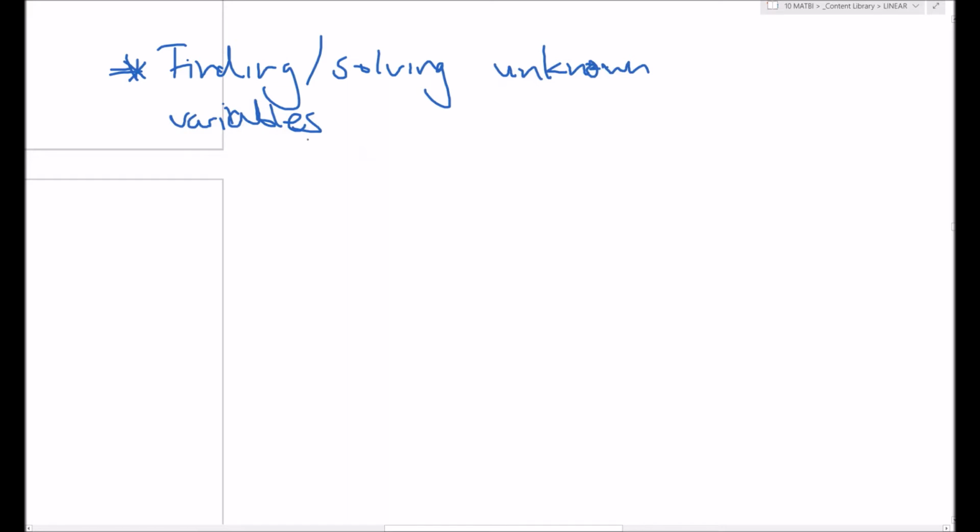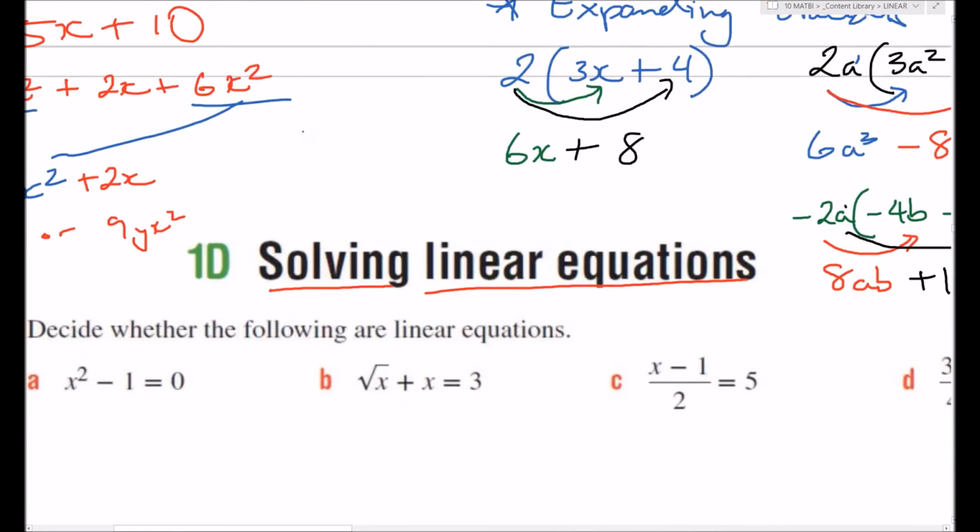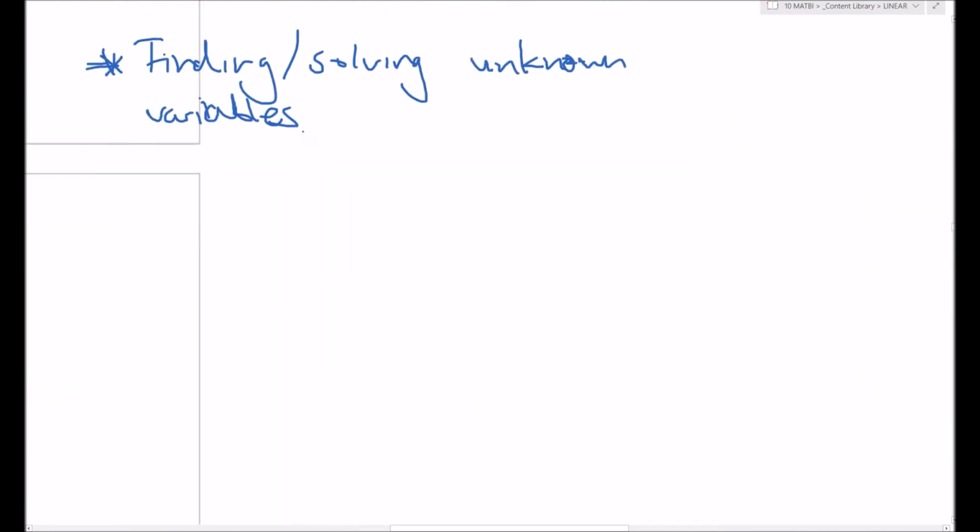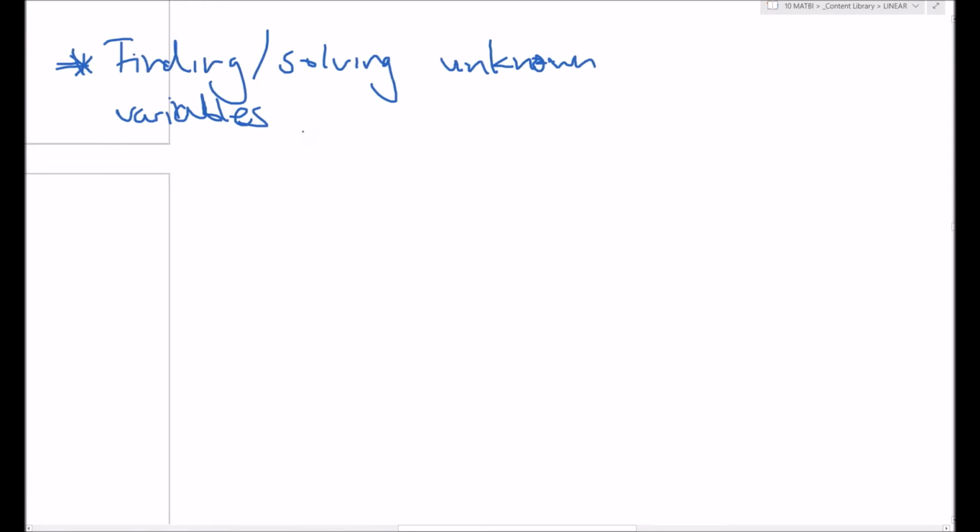And the idea behind what you'll actually be doing in this chapter is solving or finding your unknown variables. So let's say, for example, you might have an equation that looks like this: 2 plus x equals 7. In this case, you'll have to find out what this variable is, this x. Now, in order to do that, you're also trying to isolate it, or make it by itself. So that's the idea behind solving these unknown variables.